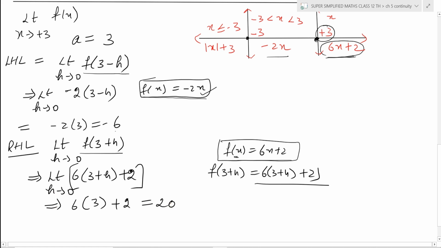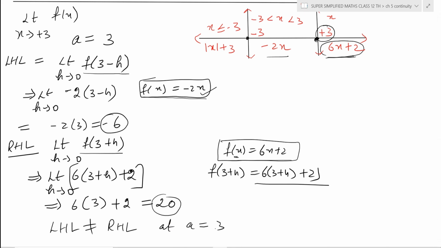But the value of the left hand limit was minus 6 and the value of the right hand limit comes out to be 20. So we observe that the left hand limit is not equal to the right hand limit at the point a equal to 3. Now since the limit does not exist, there is no question of checking the equality. That means the function is not continuous at the point a equal to 3.